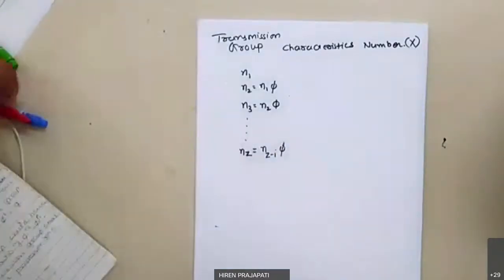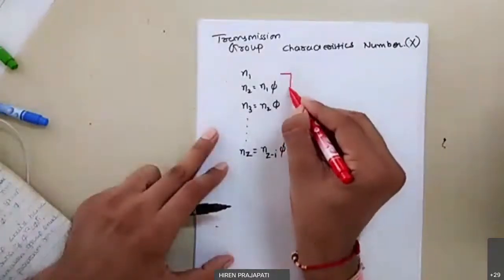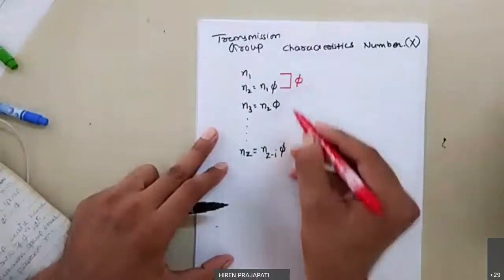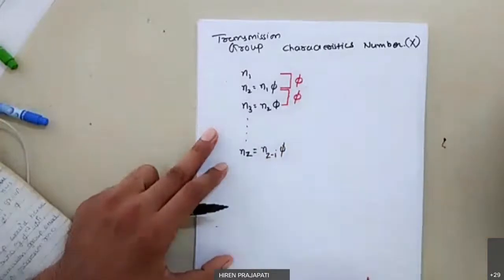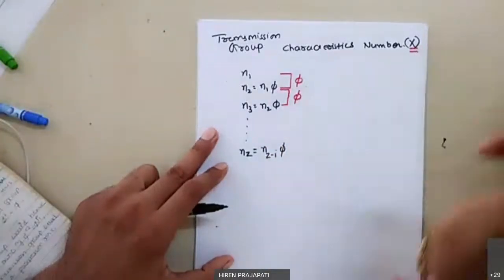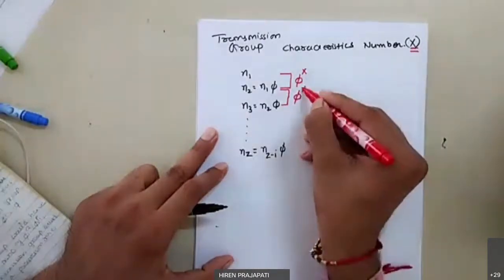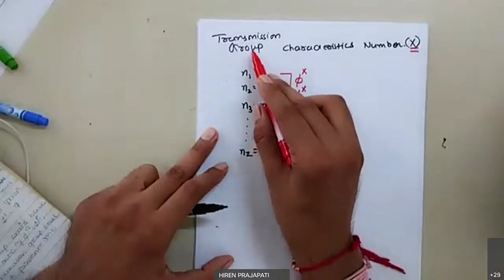So it means between these two speeds, the progression is of phi. So in successive speeds, always in case of GP, the progression is of phi. So this X is nothing but phi to the power of some value. How much value? That is what is called the transmission group characteristics number.